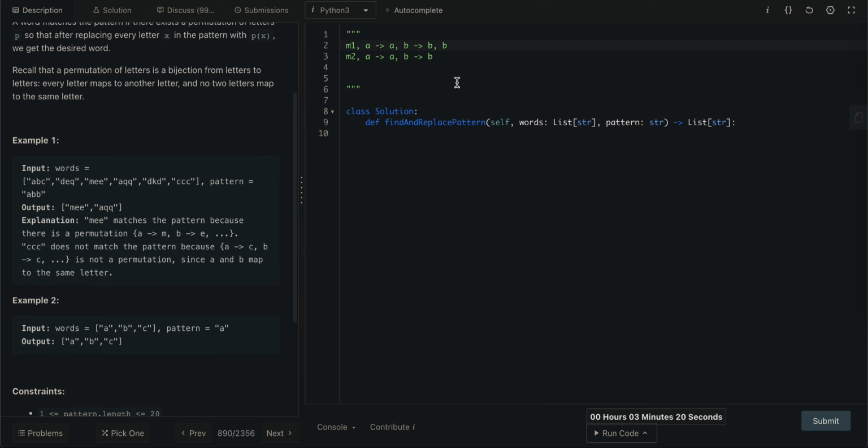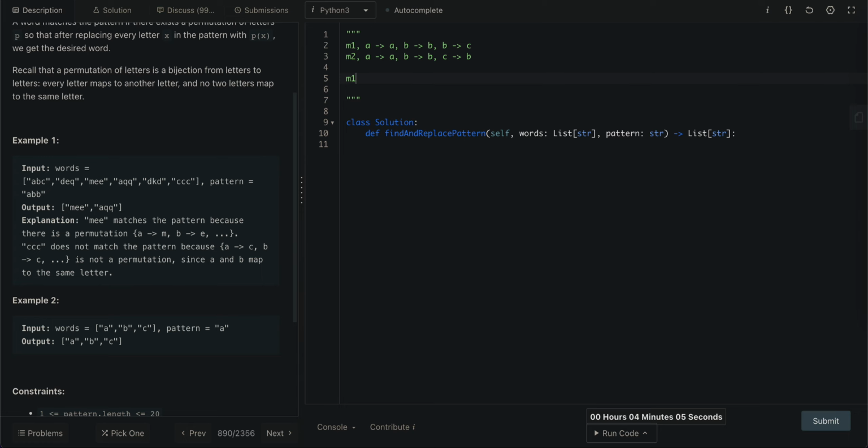Now we try to match it with C, and for C we match it with B. This does not match, because B maps to C and C maps to B. Let's take the example MEE.